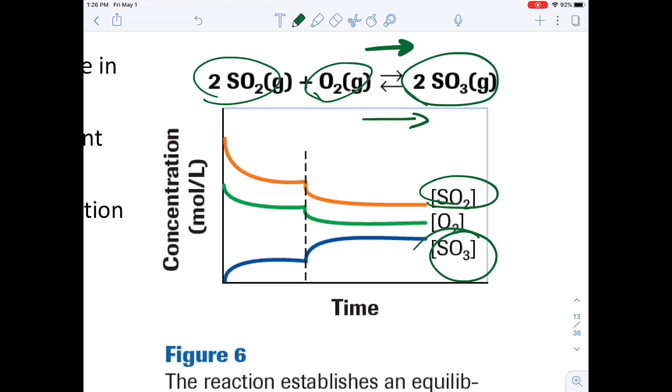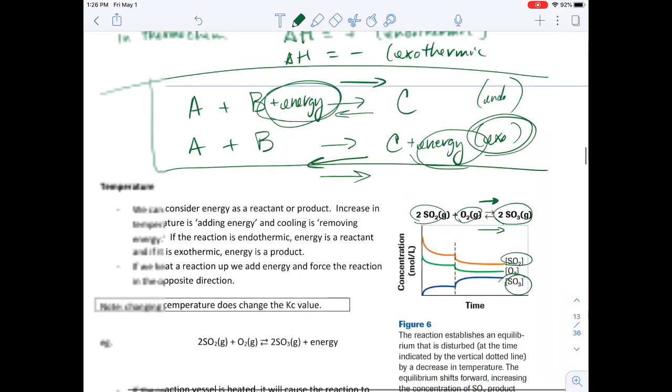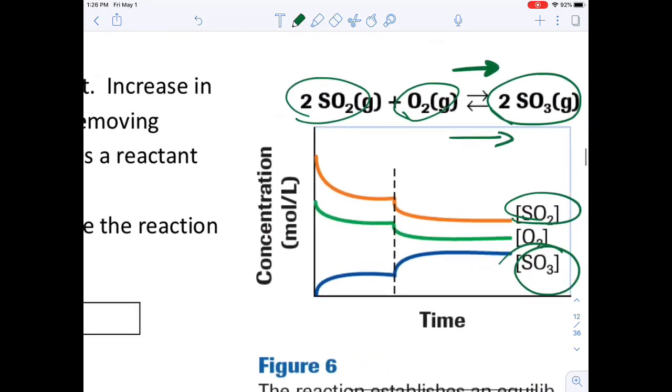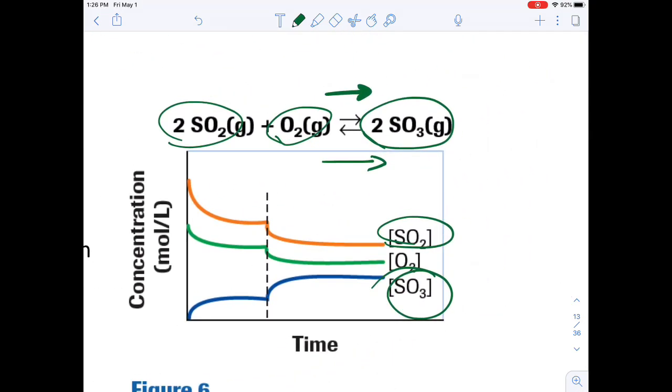So I've done something to make this shift to the products. When I go back here, I see that this reaction is exothermic, right? So this should have plus energy here. Now, if it has shifted to the product side, so I've used up the two reactants and made the product, then the energy must have been removed.